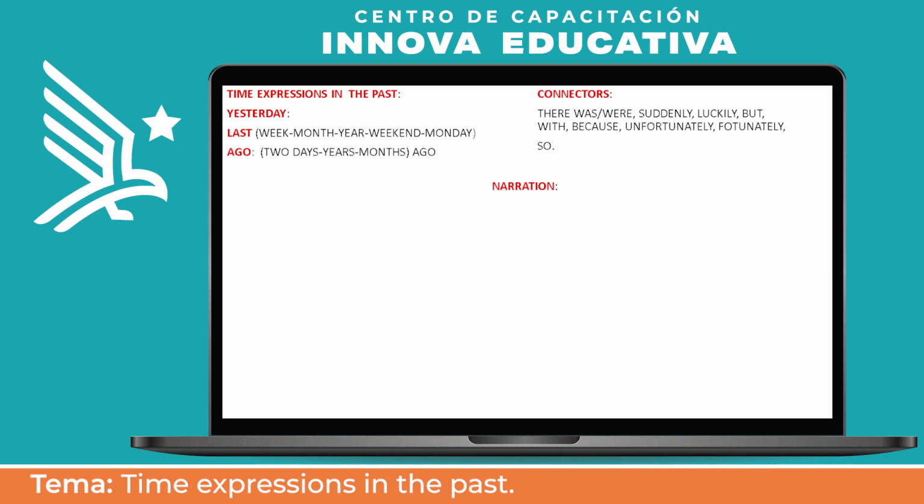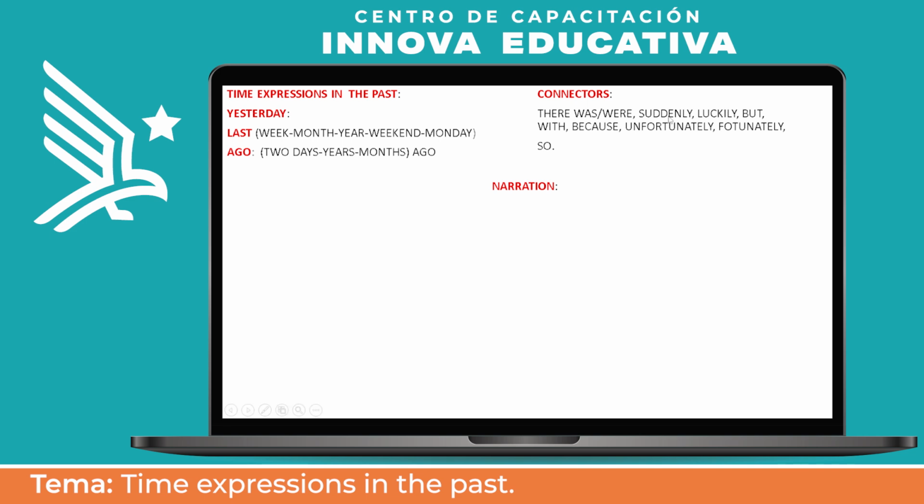And we have some connectors. Tenemos algunos conectores. They are: there was, había. There was an apple on the table. Había una manzana en la mesa. Or we use there were when we are talking in plural form. There were some apples on the table. Habían algunas manzanas en la mesa.